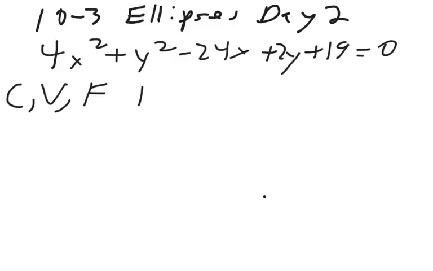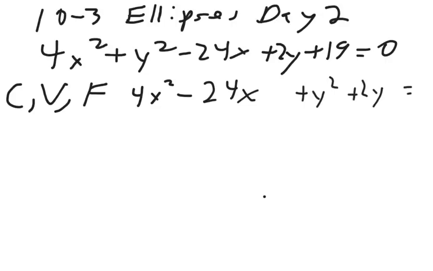So 4x squared, actually minus 24x plus y squared plus 2y equals negative 19. Let's go back a little bit.